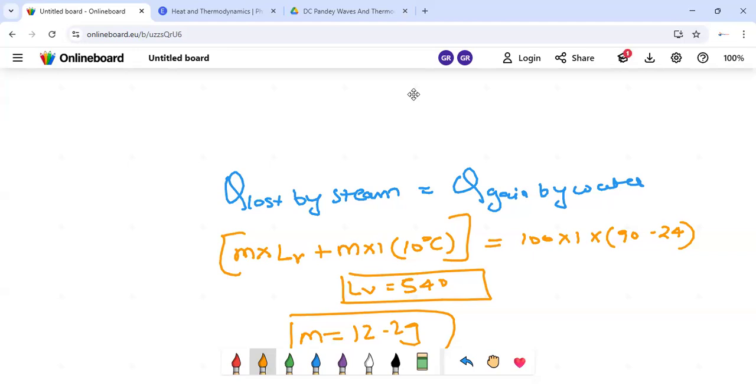When we make the molecules go slightly away from each other, or when we completely break them and make them go away infinitely from each other, in which case will we require more heat? Completely breaking them and making them go away at infinite distance is what we are doing for vaporization. For boiling, it will require higher energy. And just slightly moving away from each other, or making the intermolecular forces slightly lesser, is what we are doing during melting. Is that clear to all of you?